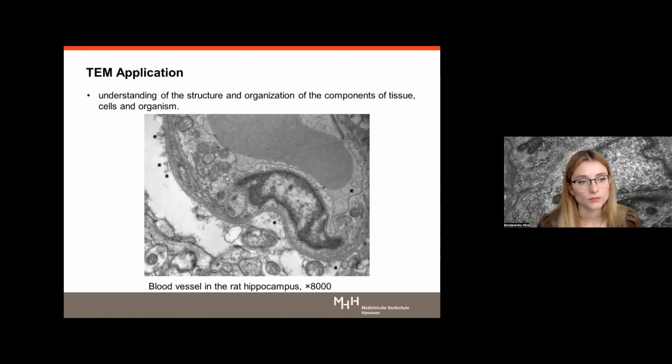So certainly transmission electron microscopy is very important for morphological analysis and widely used in this area. So on this photo, you can find blood vessels in the right hippocampus, and you can recognize a red blood cell, endothelial cells, and different tiny ultrastructures in the cytoplasm of these endothelial cells.